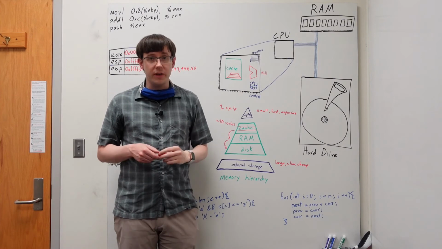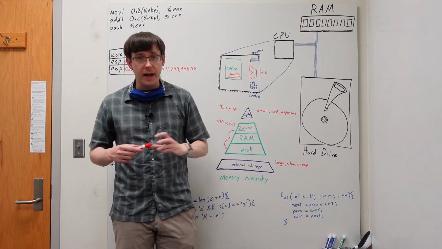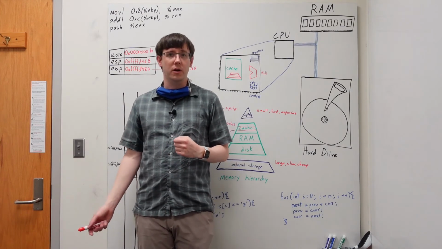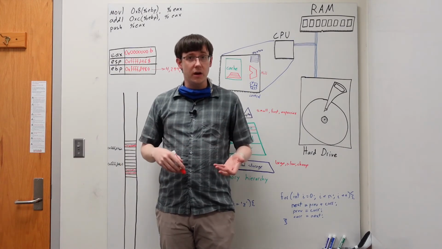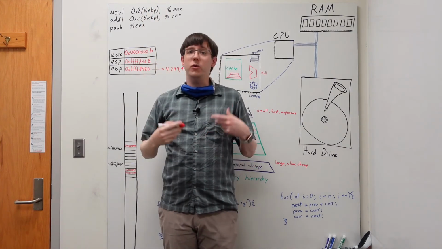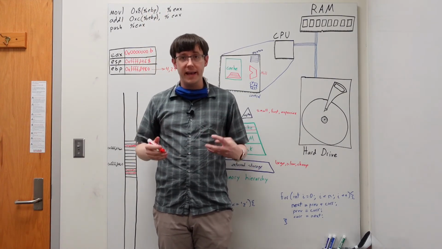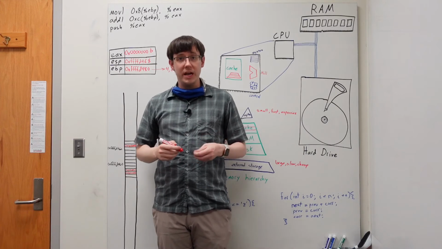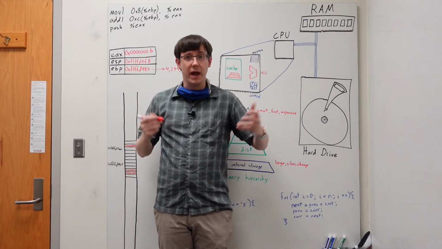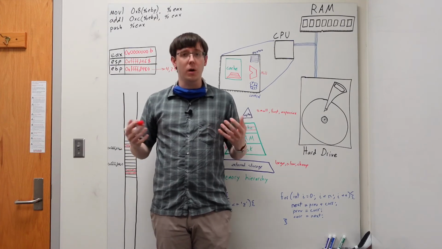The reason for this is to provide exactly the abstraction that we have been thinking about so far. If you write assembly code and want to read data from memory, you as the programmer are not obligated to think about, is the data in the level 1 cache or the level 2 cache or RAM or what?